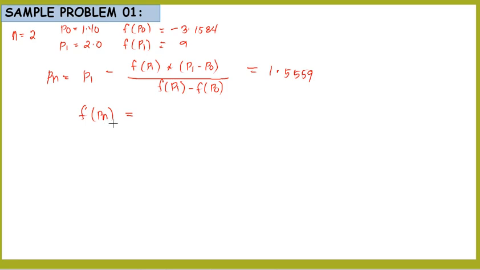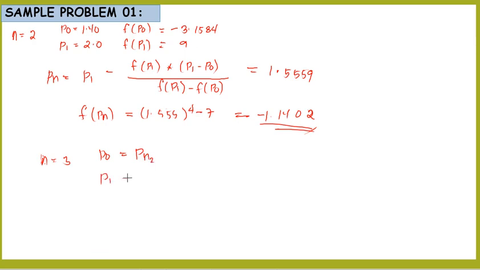So, the function of our Pn is negative. Yan, that is our function. So it is still negative. So for our next iteration, which is n equal to 3, our new P0 is the Pn in iteration 2.